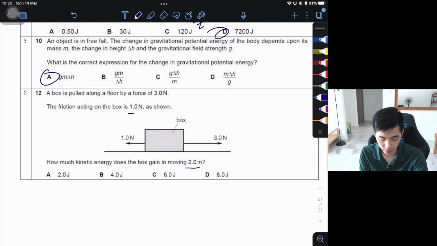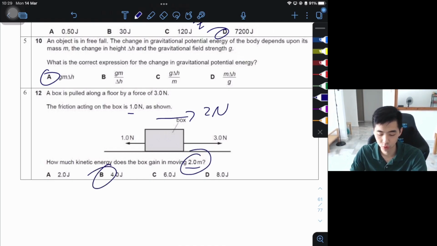Which is going to be 3 times 2 here, 6 here, guys. Oh, sorry, not 3 times 2, sorry. It's going to be a resultant force of 2 newtons here multiplied by this distance here, which is going to be 4 joules, guys. It's supposed to be resultant force times the distance. So yeah, it's going to be 4 joules.